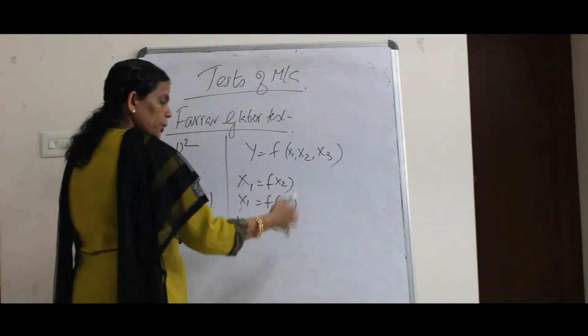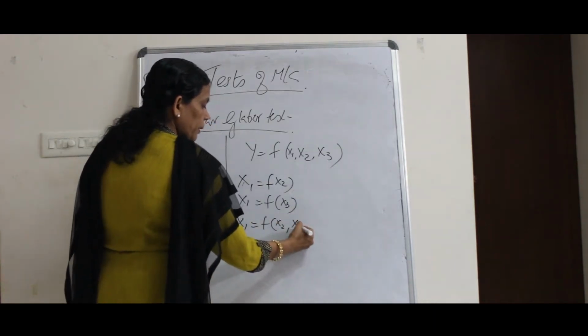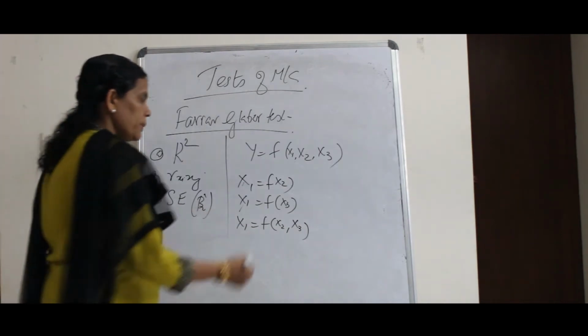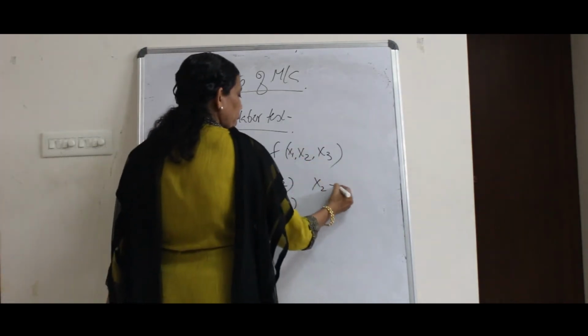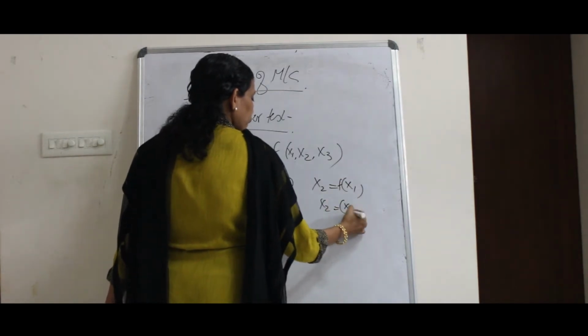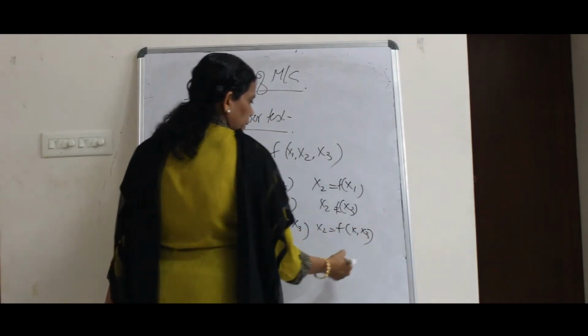Or I can do a regression of x1 as the dependent variable, and x2 and x3 as the independent variables. Similarly, I can do x2 on x1, x2 on x3, and then x2 as a function of x1 and x3.